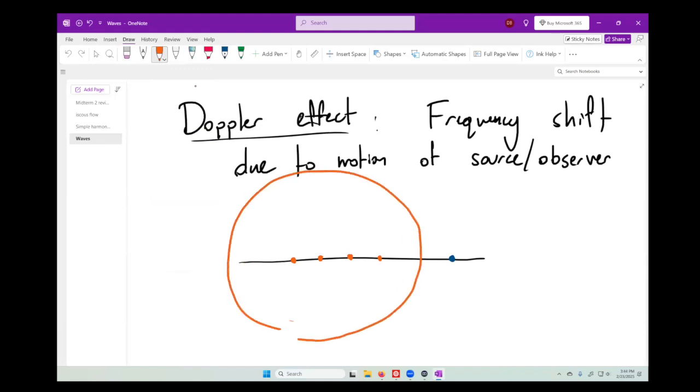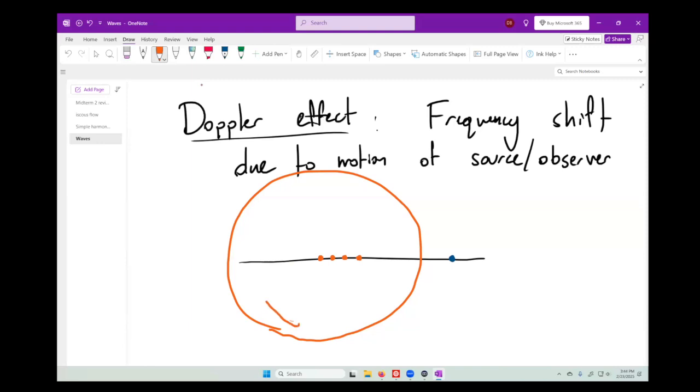Okay, something like this. I'm trying to get the wave fronts centered on the source. Not doing the best job. Here, let's do this. I'll put them closer together. That'll make it easier. All right, as the source moves, it emits waves, and these wave fronts spread out.